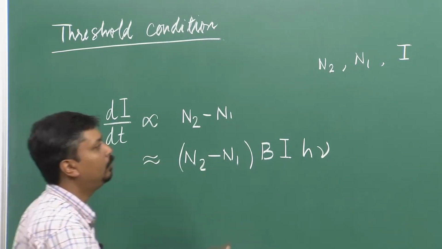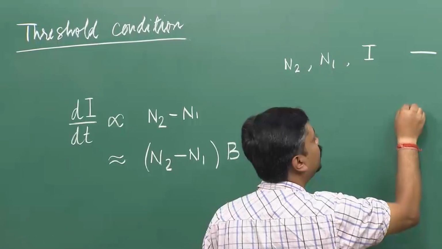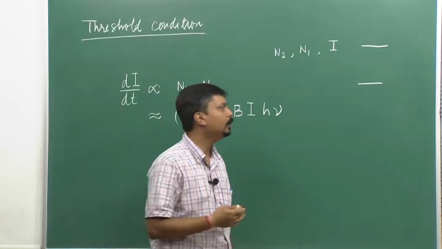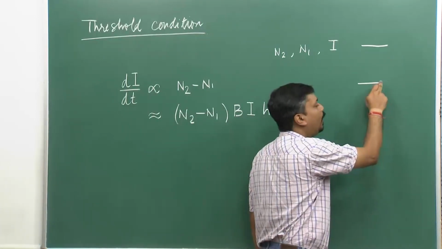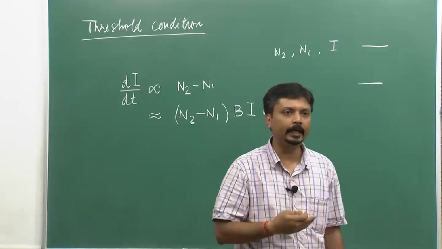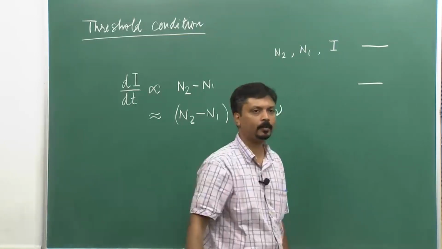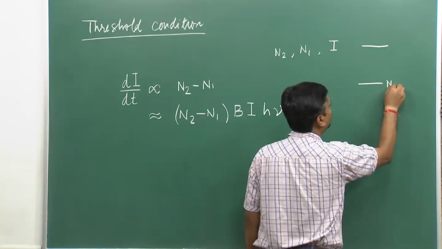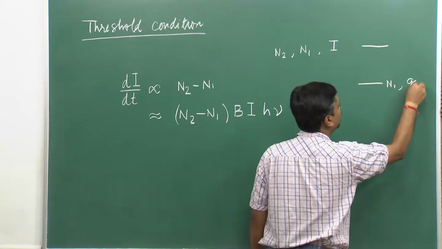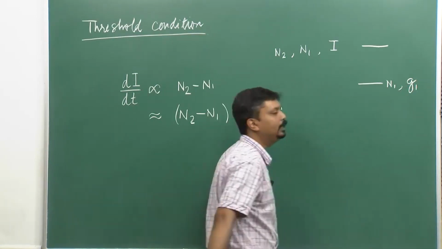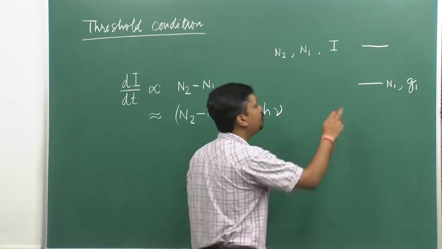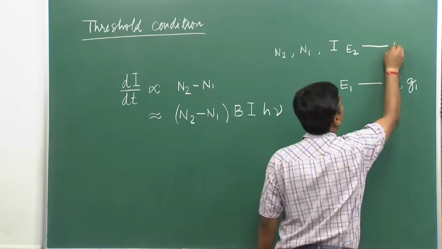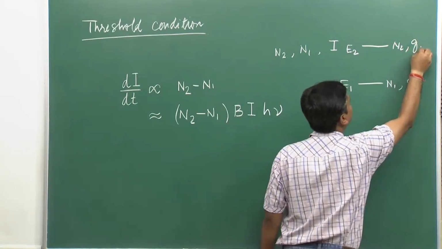This is for a case where I have considered only two states and having no degeneracy. Degeneracy means that there are several such states having the same energy and the same properties. So, if the state having population N1 has a degeneracy of G1, that is G1 number of states have the energy of this state, say E1, and then correspondingly this is G2.